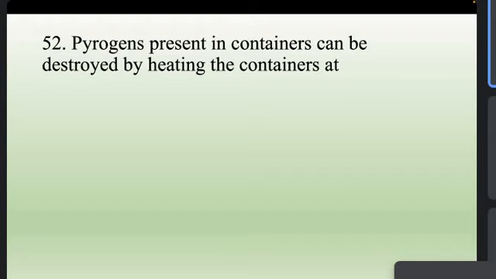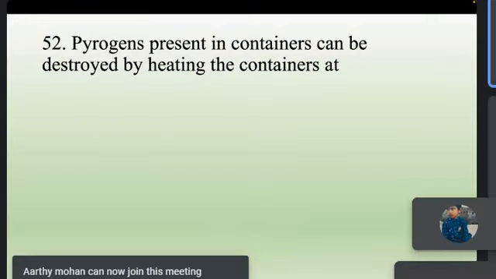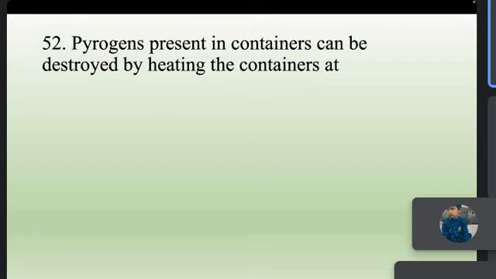The next question is, pyrogens present in containers can be destroyed by heating the containers at. So pyrogens are basically organisms which may cause elevated temperatures in our body, and they may be present anywhere.